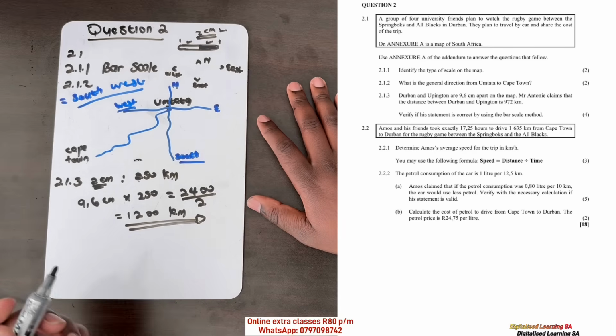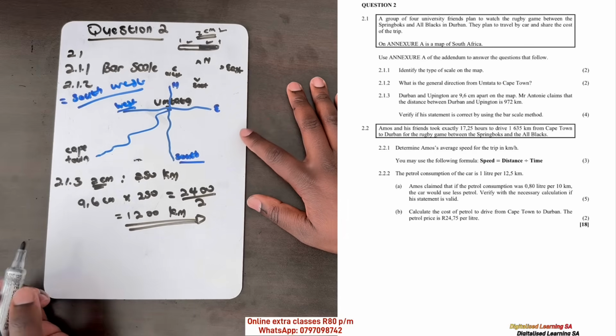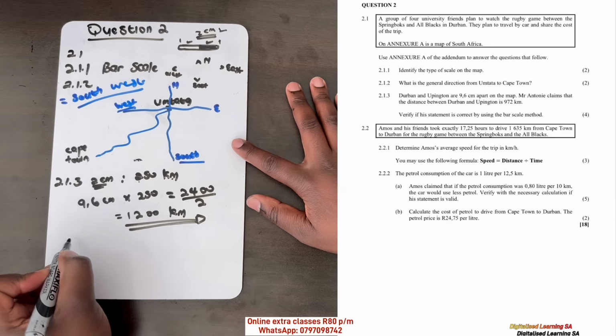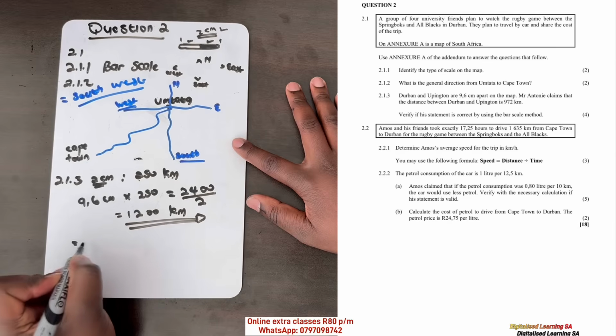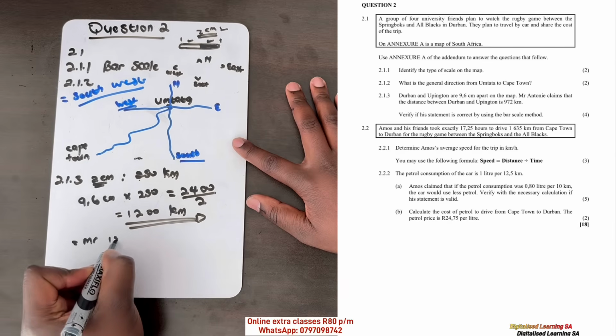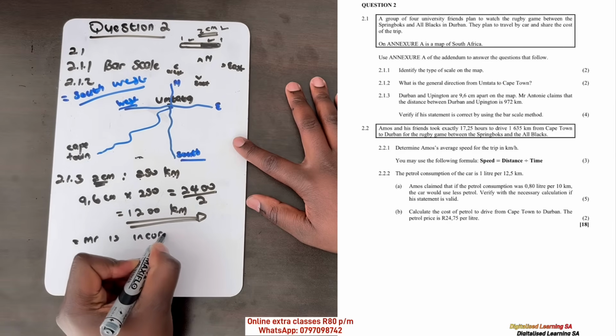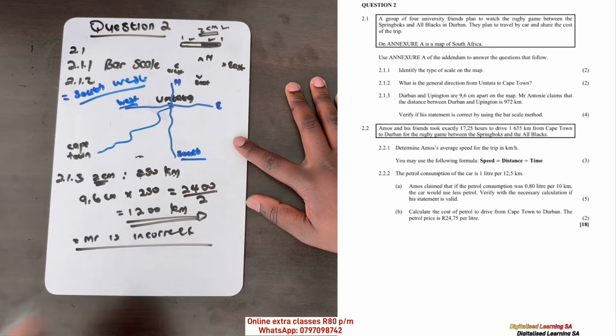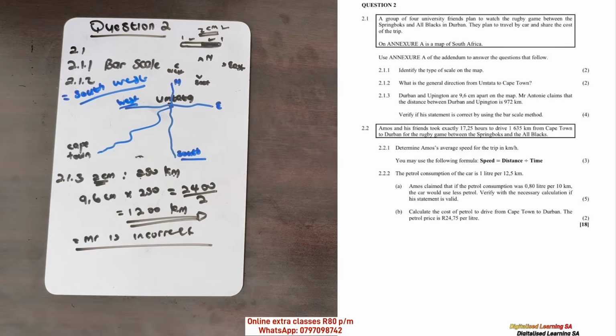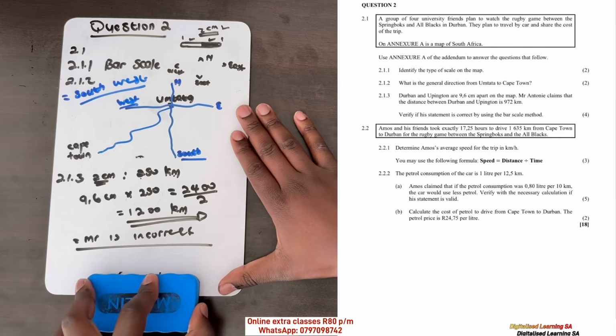So we can see that Mr. Anthony is incorrect. That brings us to the end of question 2.1.3. Now we'll be moving to question 2.2. Let's just create a bit of space.